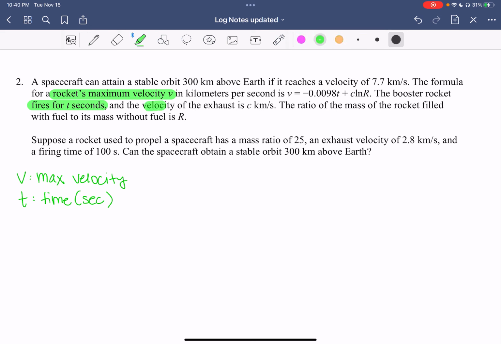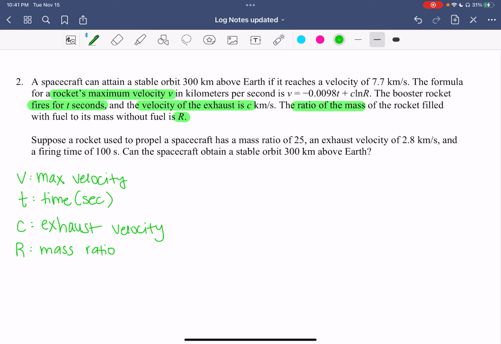The velocity of the exhaust is c, so c is the exhaust velocity. And r is the mass ratio.